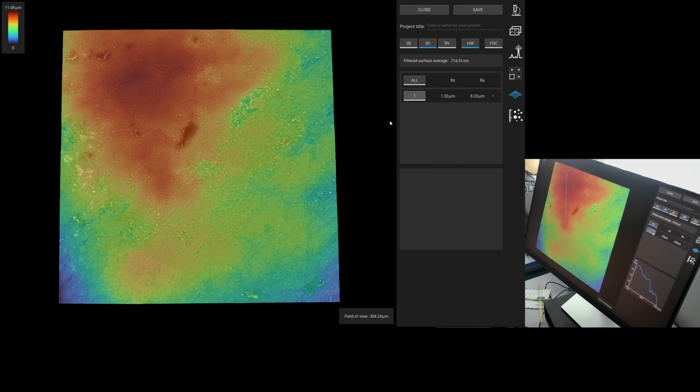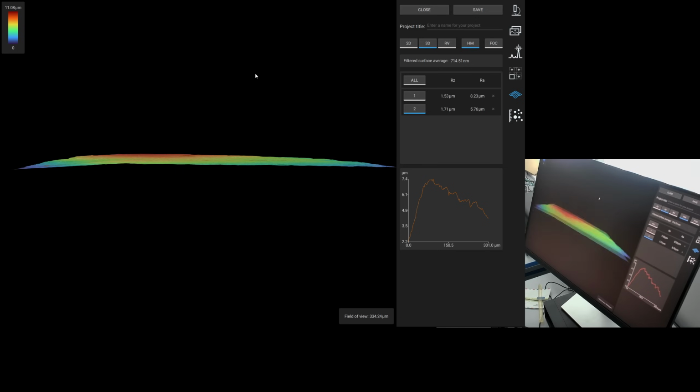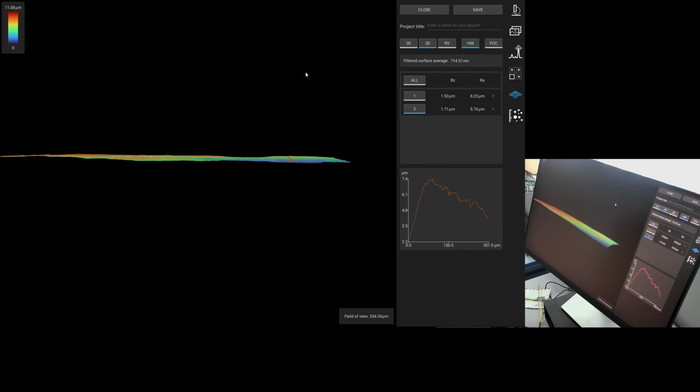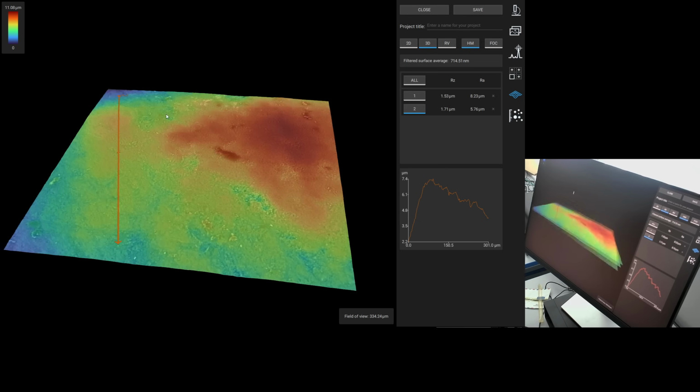If I turn that one off and we'll go across this area here, that is 7.4, 2.2 to 7.4. So that is 5.2 microns. So it's around about 5.5 microns variation in the height here. So see, it's very, very flat.